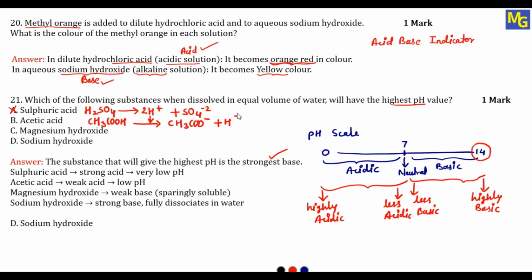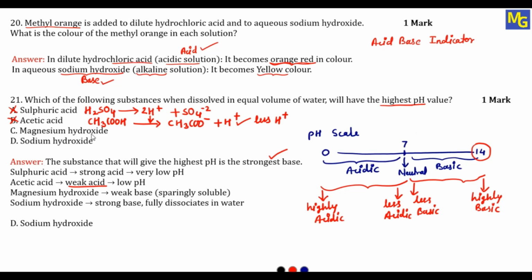But because it is a weak acid, all CH3COOH molecules will not split to give H+, meaning you will have less H+, and because of less H+, it is a weak acid. Because it is a weak acid, its pH will be somewhere around 4, 5, 6. So this also will not be the correct one, because in the question they asked for the highest pH. Highest means somewhere near 12, 13, 14.